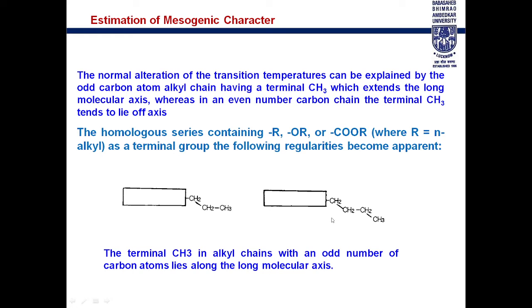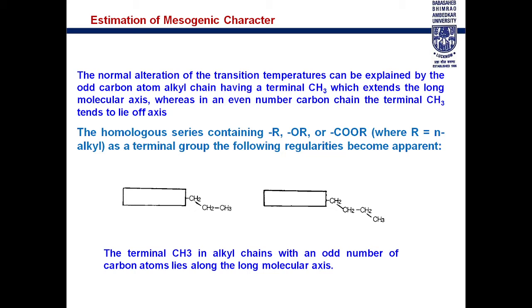For the homologous series containing R, OR, COR, where R is an alkyl, as terminal group, the following regularity becomes apparent.